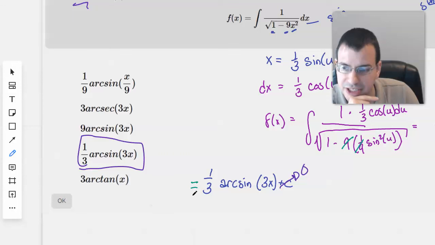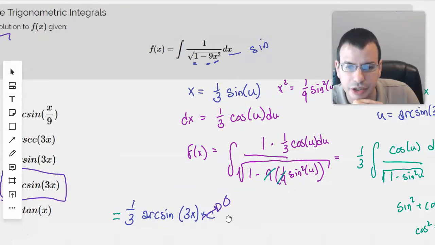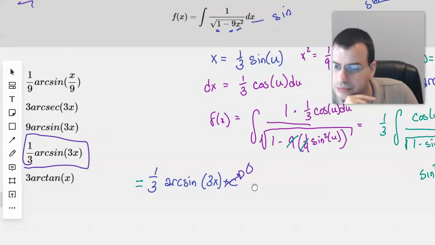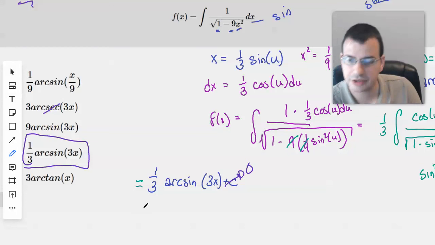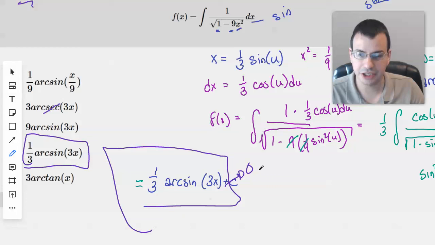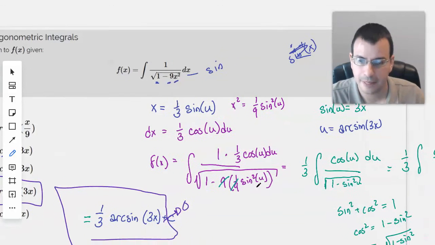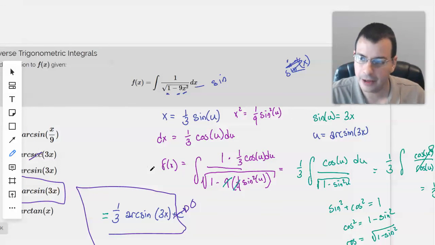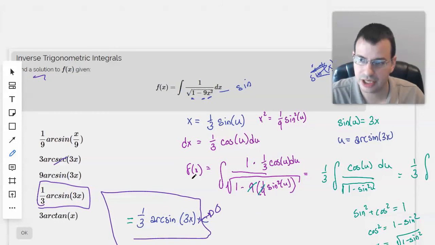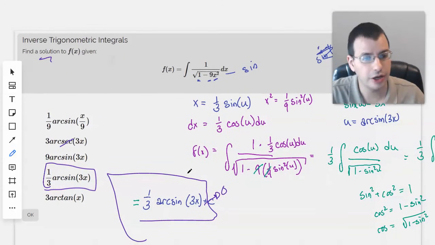Yep, and that's the answer. Arcsine, yep, not arcsecant. So that's the answer, and this is a relatively straightforward trig substitution, but it's good to do. That's how you solve this kind of problem. And I will see you on the next one.